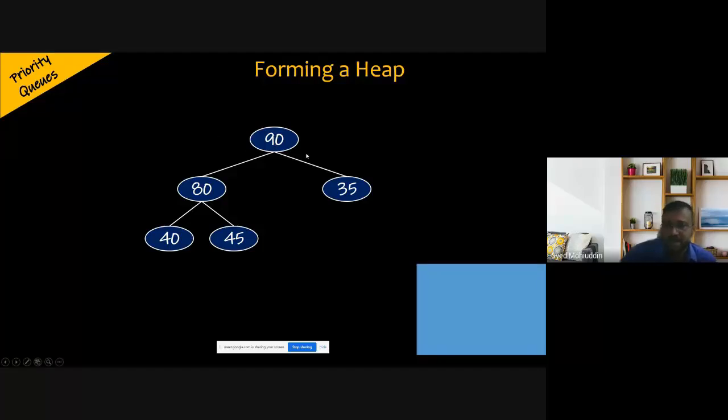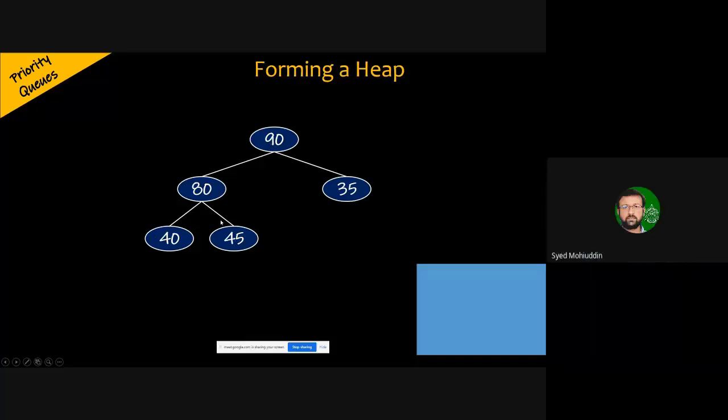Once node 90 is deleted, the left subtree and the right subtree will be two different trees. So when node 90 is deleted, the last element of the heap replaces it. Which is the last element? Node 90 is 1, 2, 3, 4, 5: the fifth element, which is 45. The last element is replaced with the root, so 45 becomes the root node.